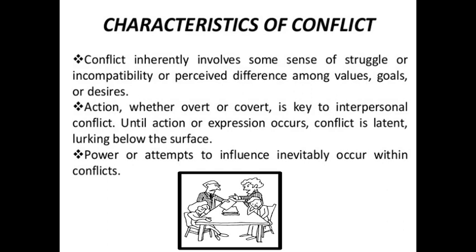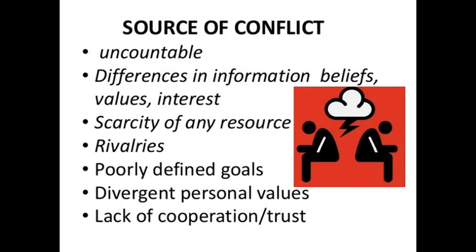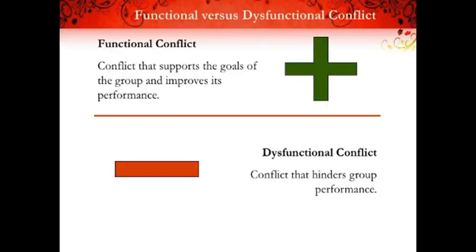Conflict inherently involves some sense of struggle or incompatibility or pursuit of different values, goals or desires. And next one is sources of conflict. They are countless: differences in information, beliefs, values, interests, and lack of cooperation, trust, poorly defined goals. So these all are sources of conflict.